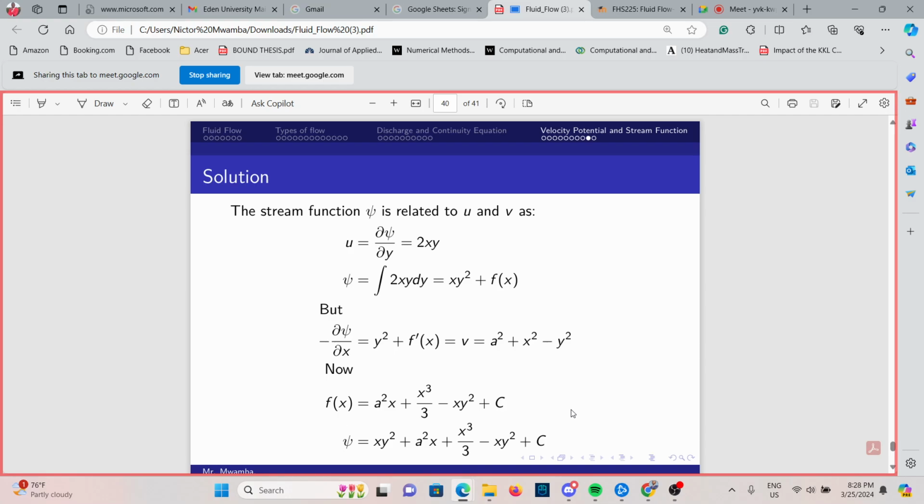Yes, I think that is enough. Then substituting back this f into our equation here, we're going to have xy squared plus whatever you got, plus a constant. Now this will be just a constant.